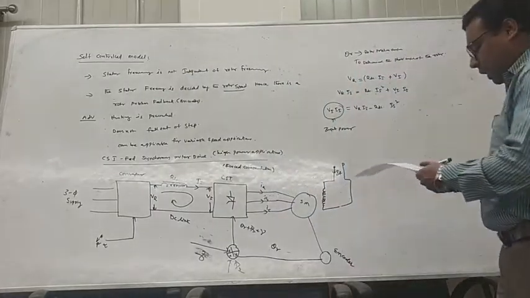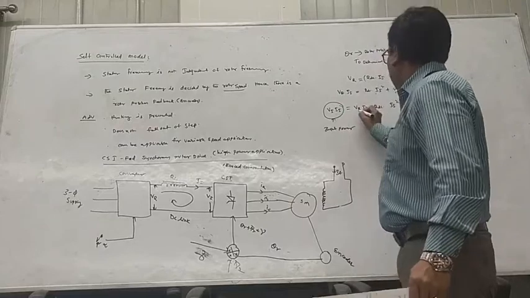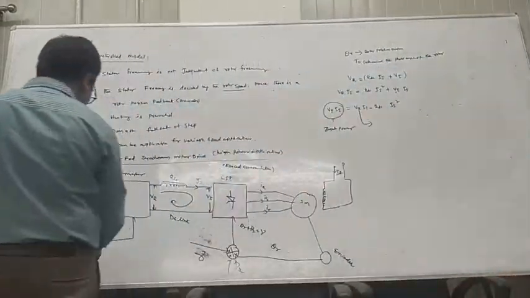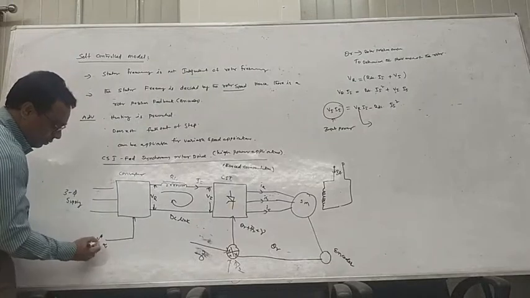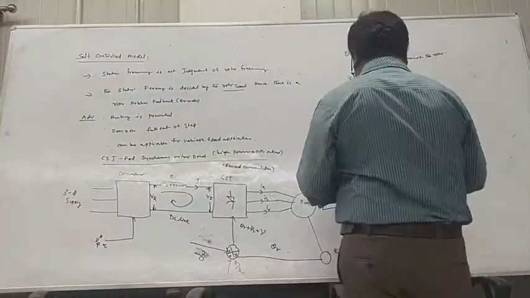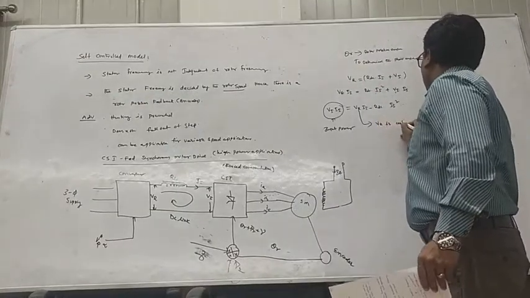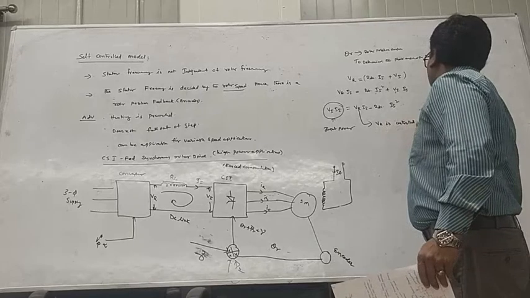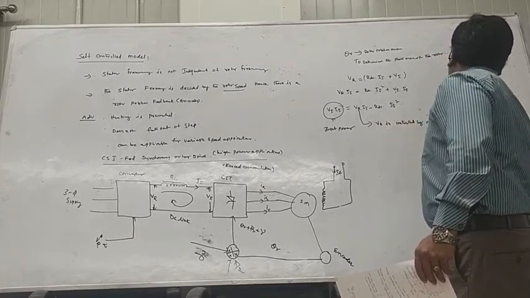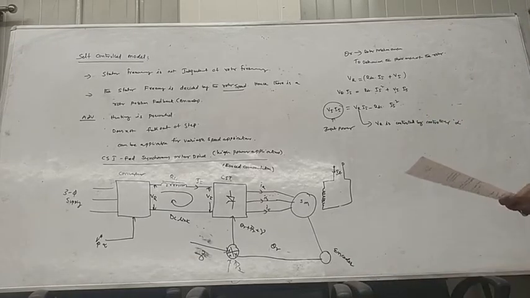Okay. So VR is controlled by the firing angle. How are you getting this VR? So the VR is controlled by controlling the firing angle alpha.